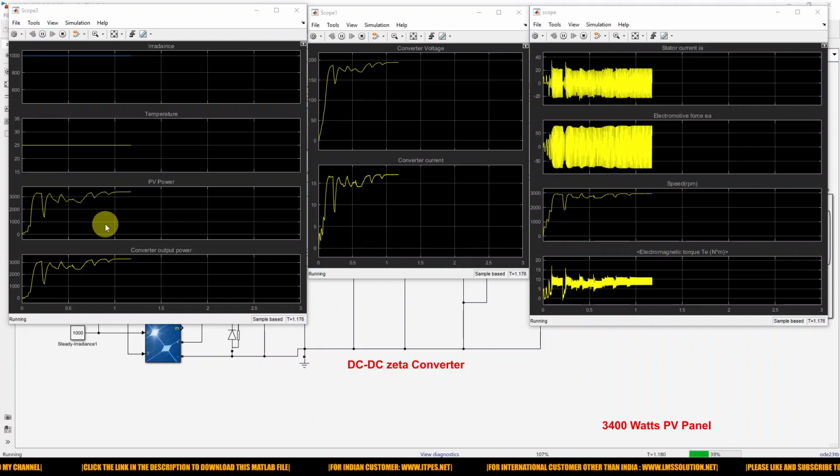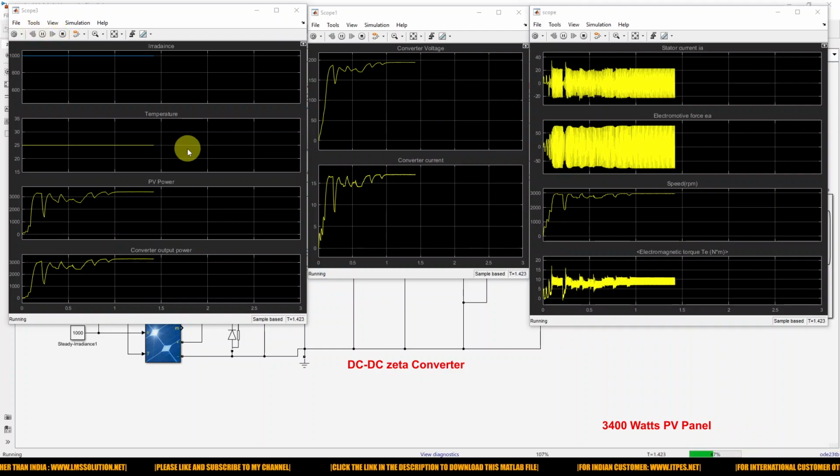That is one problem, and also sometimes it will come to a local maximum point. The same happens with PO MPPT, where it gets trapped at a local maximum point. So this is a problem of PO and PSO. Also, PO will take a long time to reach the maximum point.